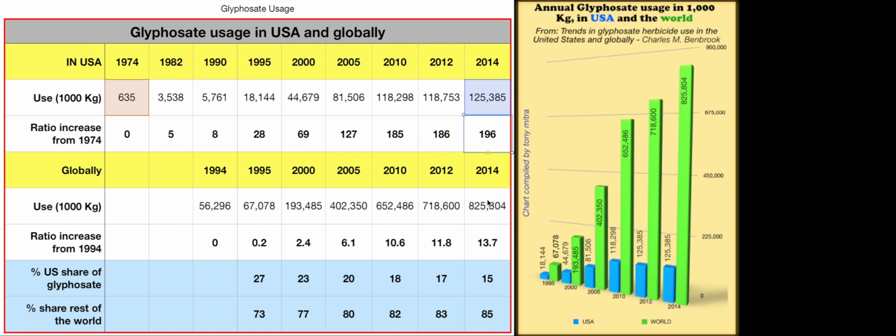The amount of glyphosate used globally is 825,000 tons, as against 125,000 tons in USA. So these are the figures that I have at this moment, and in 2014, 85% of glyphosate is consumed outside of USA.